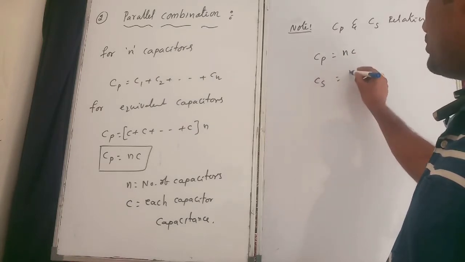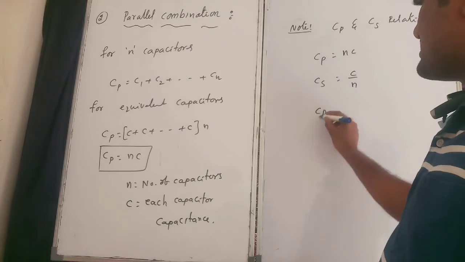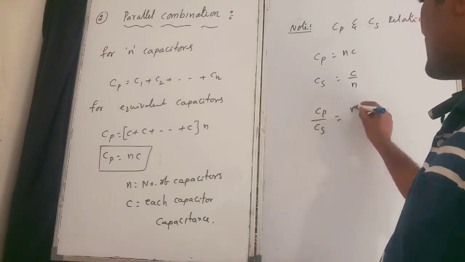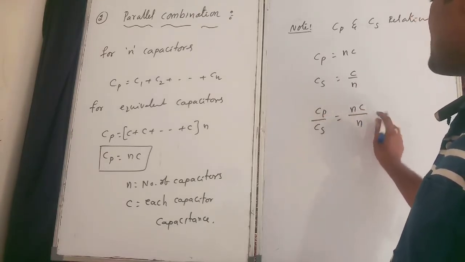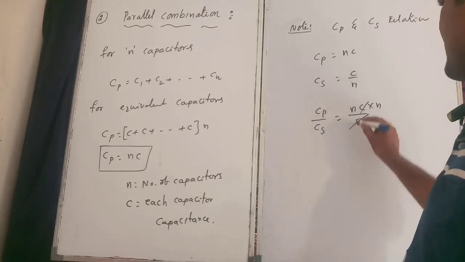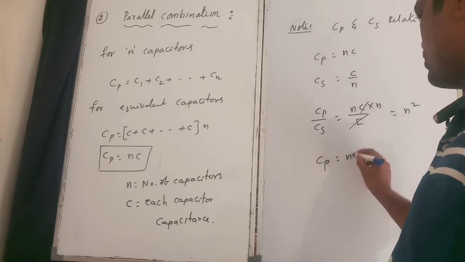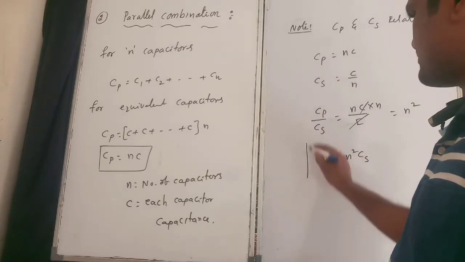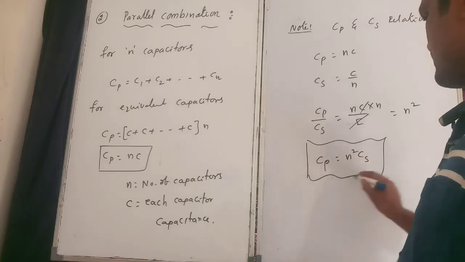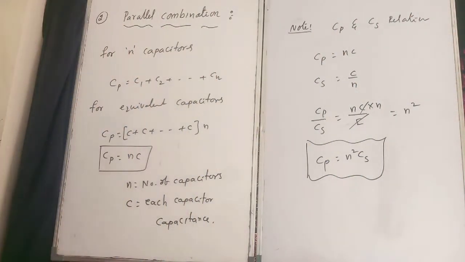CS is equal to C by N only, right? Therefore Cp by CS is NC divided by C by N. C by N goes to the numerator. C gets cancelled, therefore N square. Therefore Cp is equal to N square times CS. That's it. This is the parallel combination.